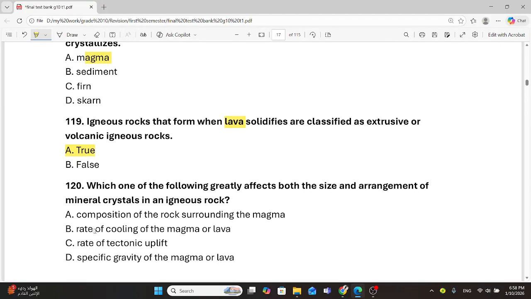Which one of the following greatly affects both the size and arrangement of mineral crystals in an igneous rock? Not the composition of rock surrounding the magma. The rate of cooling of magma or lava.